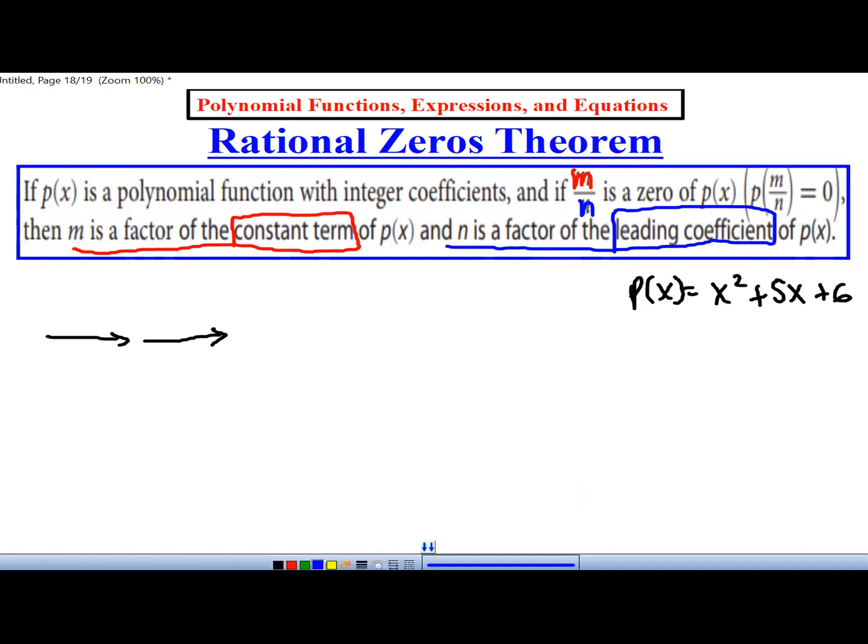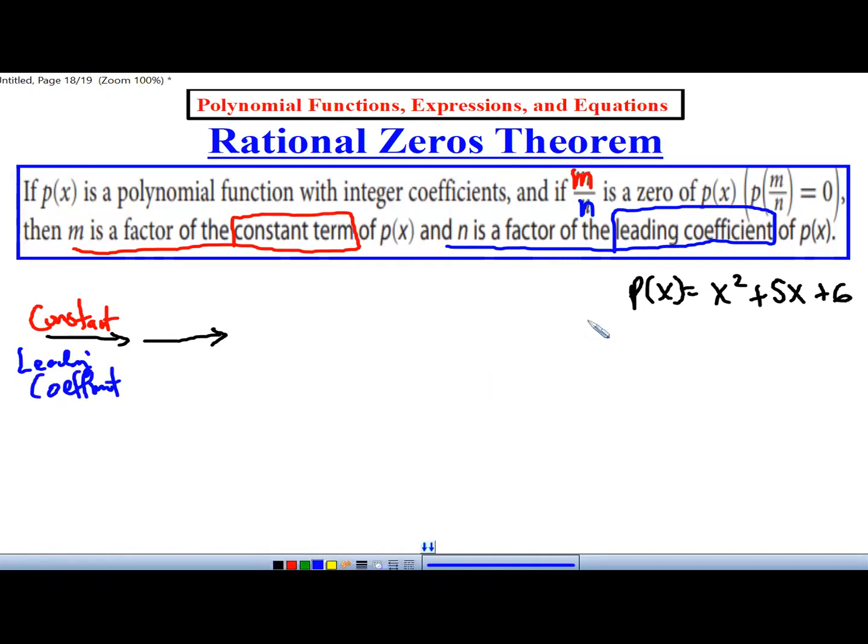Let me write that here. This is the constant. Yes, because the constant goes on top, m. And what goes underneath? The leading coefficient.